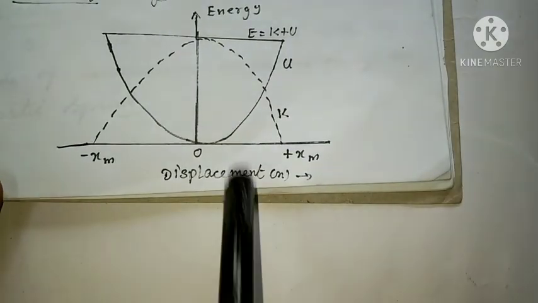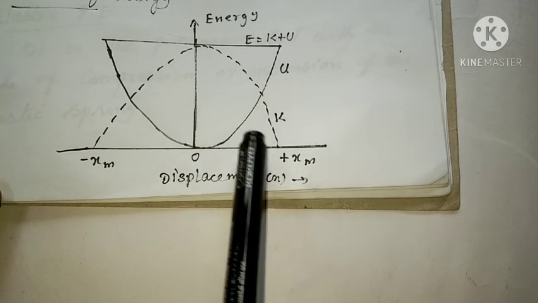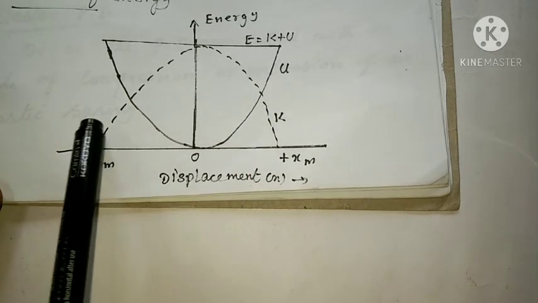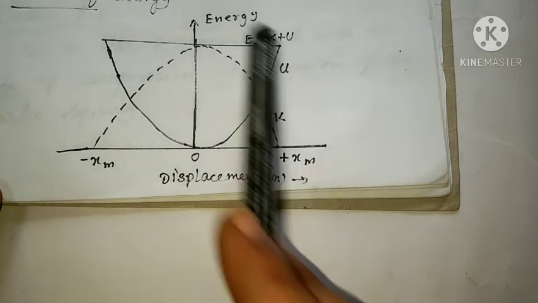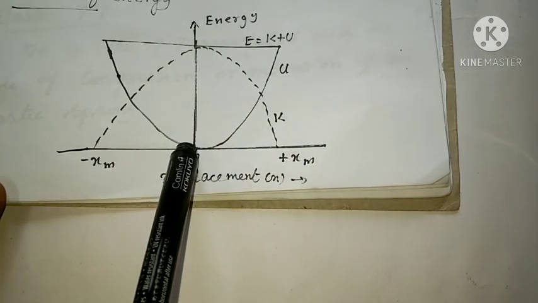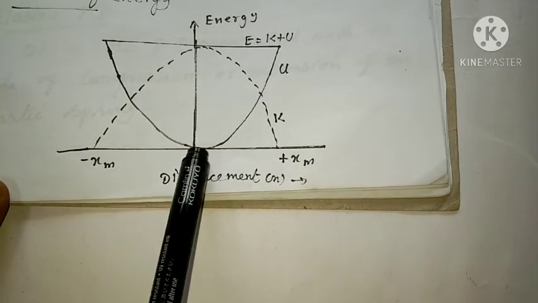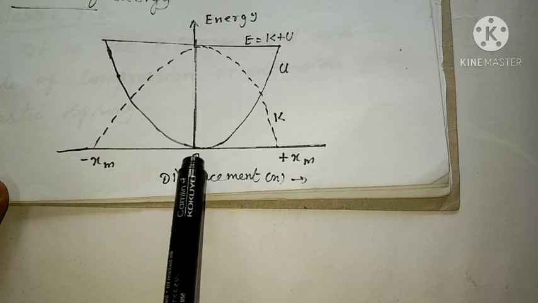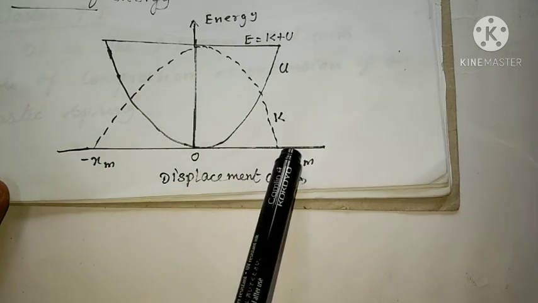Energy is conserved. So we can plot this in an energy displacement curve. This represents the energy displacement curve of the potential energy of the spring. Here this is the displacement axis and this is the energy axis. This represents the conservation of energy for the spring. This is the equilibrium position and this is the extreme position.